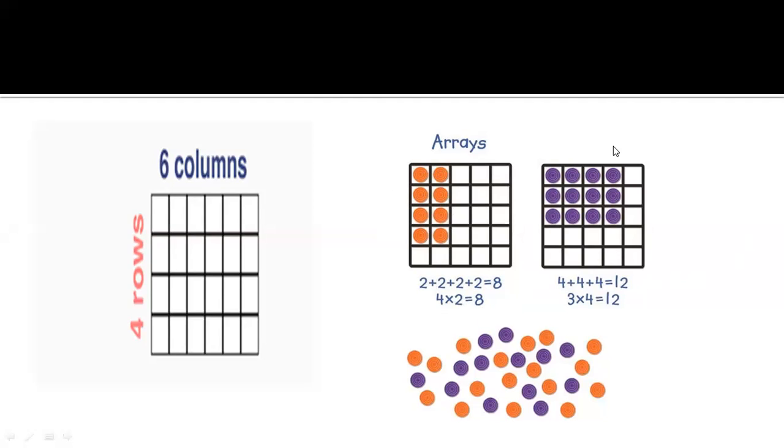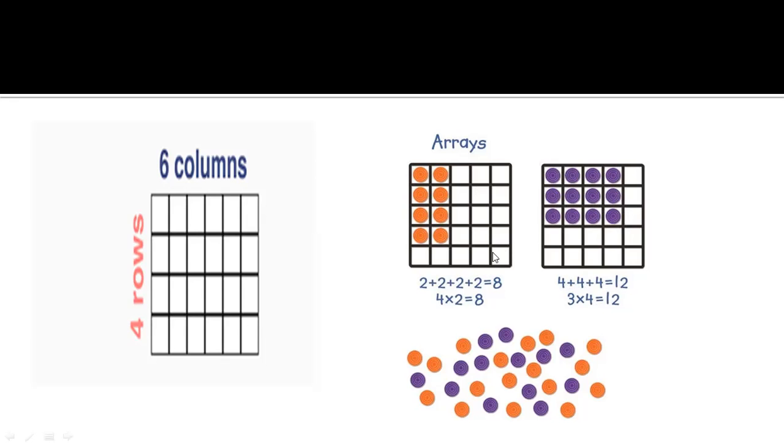Whereas in purple beads, we have 1, 2, 3, 4 columns. And in each column, we have 3 rows, 1, 2, 3. So here you can add 4 three times, or you can multiply 4 with 3.